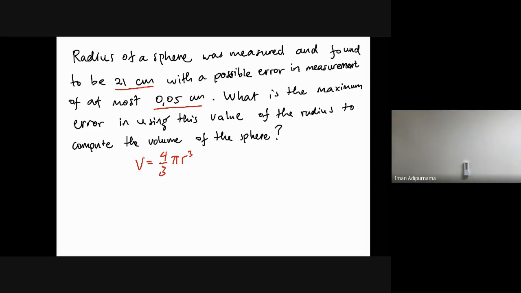But you have an error. If you hear any error, probably the error is because you are approximating something. So this question is about linear approximation. Okay, so this is a linear approximation.